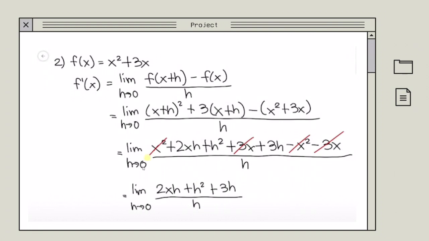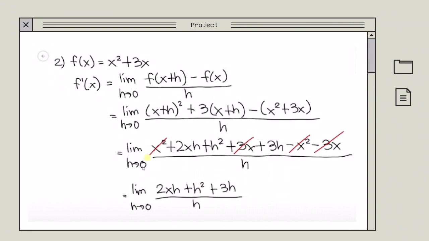So, ang mangyayari is limit of x squared plus 2xh plus h squared plus 3x plus 3h minus x squared minus 3x. Since negative times positive, magiging negative. All over h as h approaches 0.